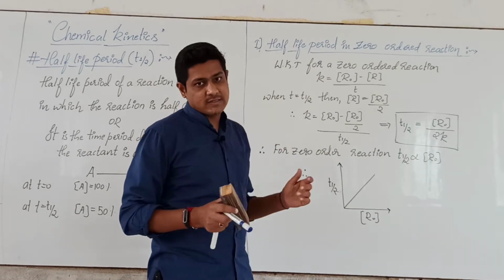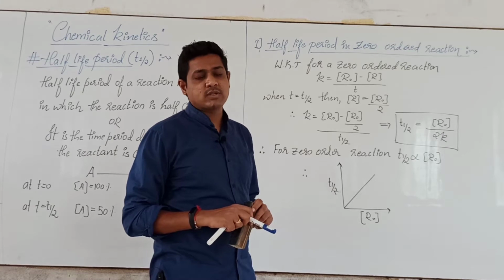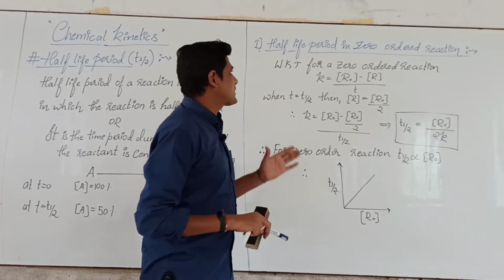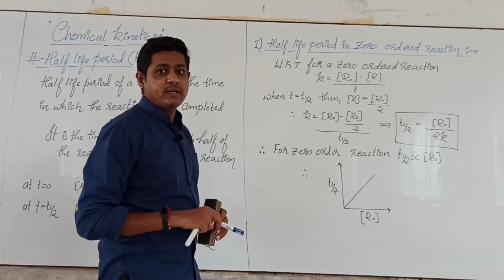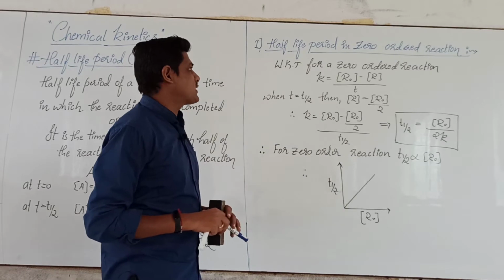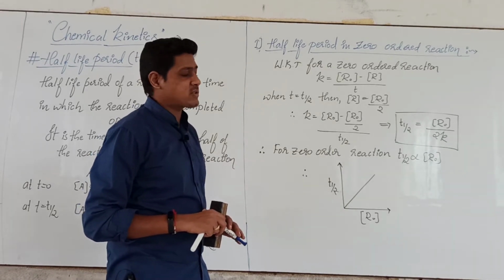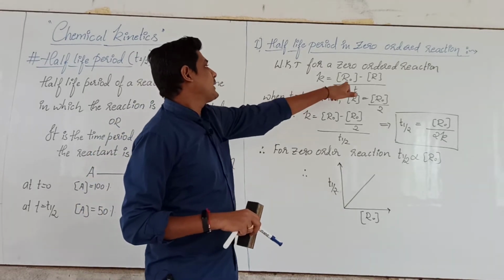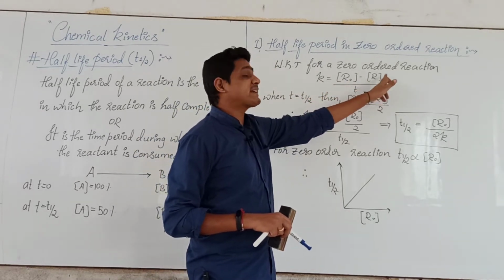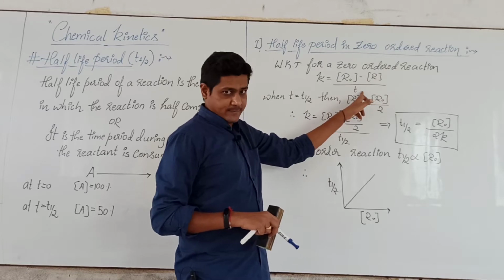In our syllabus, we have to study zero order reaction and first order reaction. First, let us study the half-life period in a zero order reaction. We know that for a zero order reaction the integrated rate equation is k equals initial concentration minus concentration of the reactant left at time t.